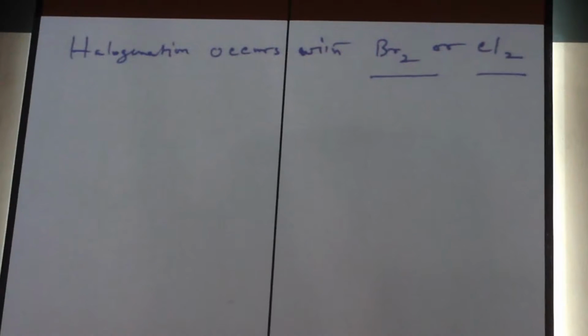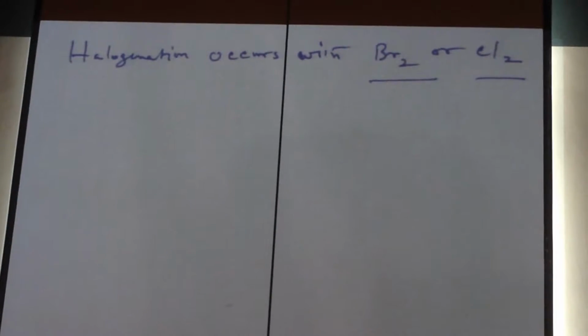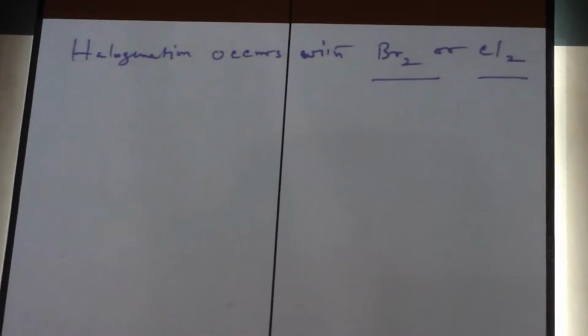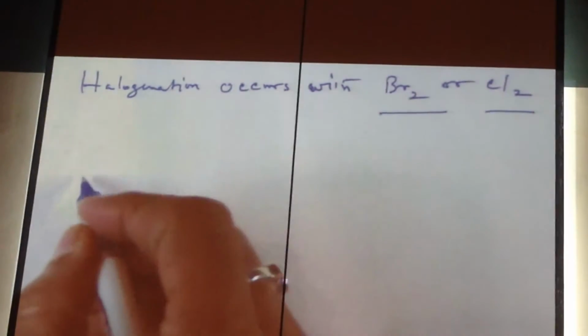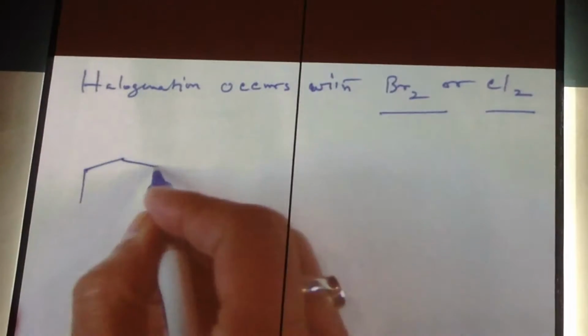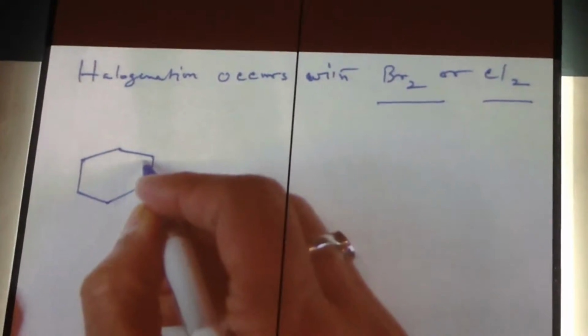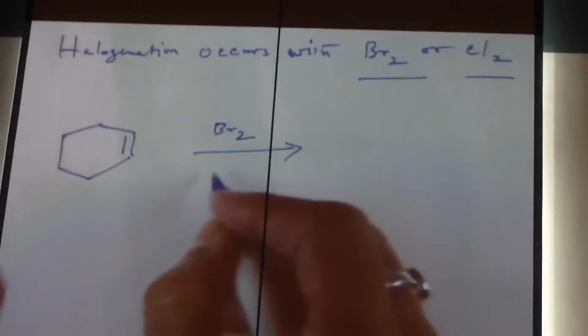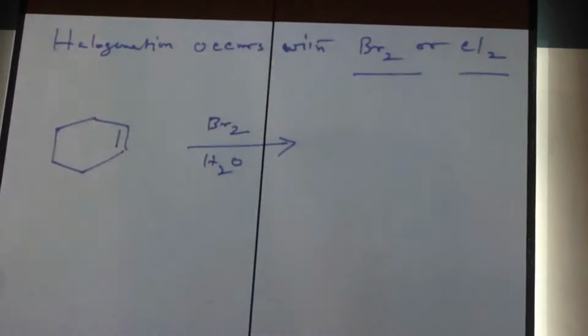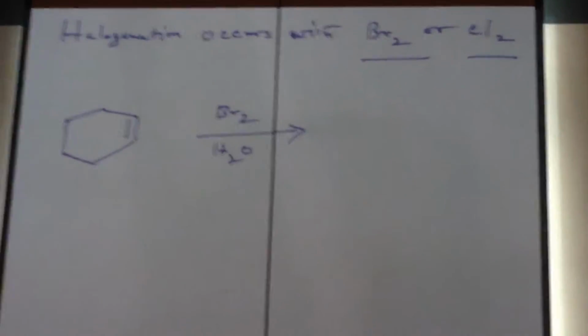Now, a variation of this reaction is that you can also carry out the reaction in the presence of water. If you do that, then a different product is generated. So let's assume that you use the same reaction, Br2, in the presence of water rather than carbon tetrachloride.